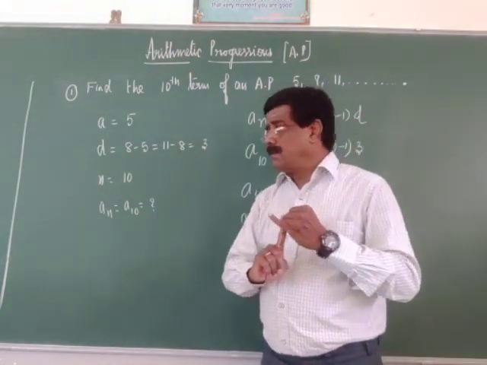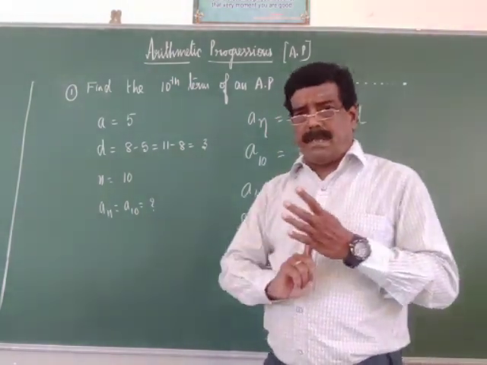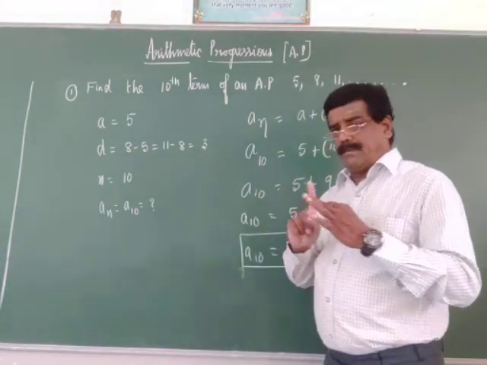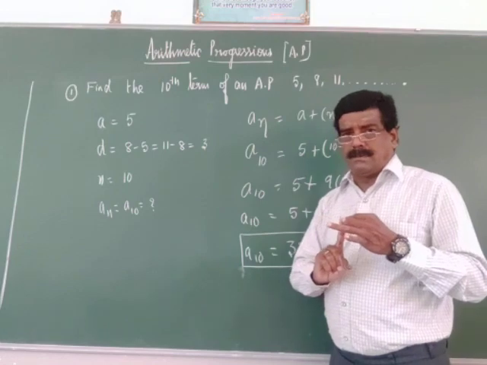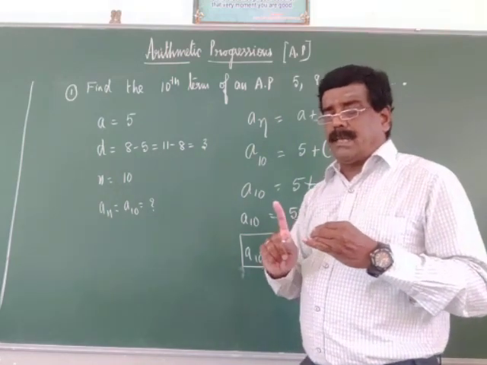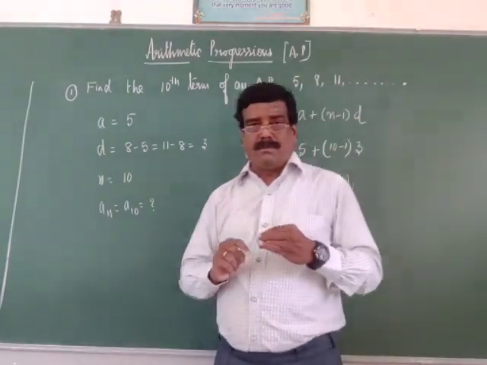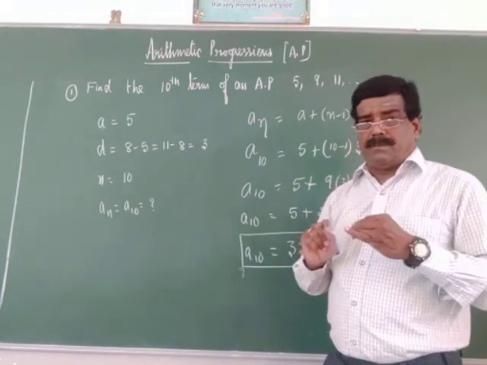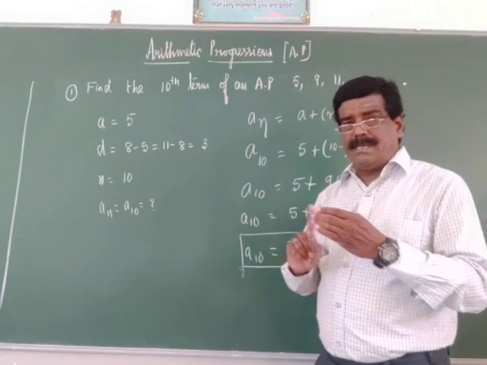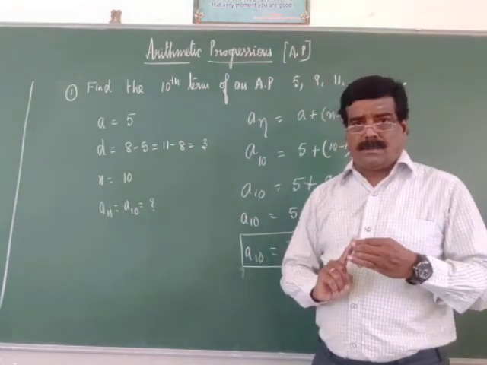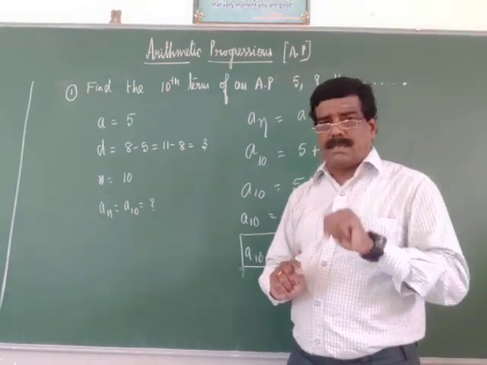I repeat. The first term is A, the difference is D, the number of terms is N, and the nth term. Don't get confused between N and the nth term. N means number of terms, and nth term means AN. So please keep these 4 things, children.